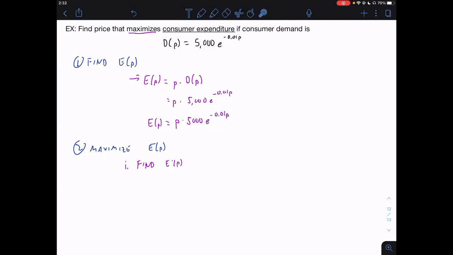Okay? So again, our equation here is E of P equals P times 5,000 e to the negative 0.01 P. Okay, so how are we going to go about finding the derivative of this function here?